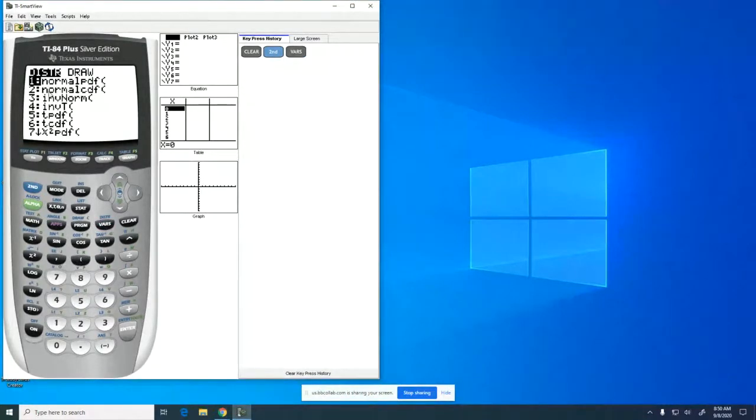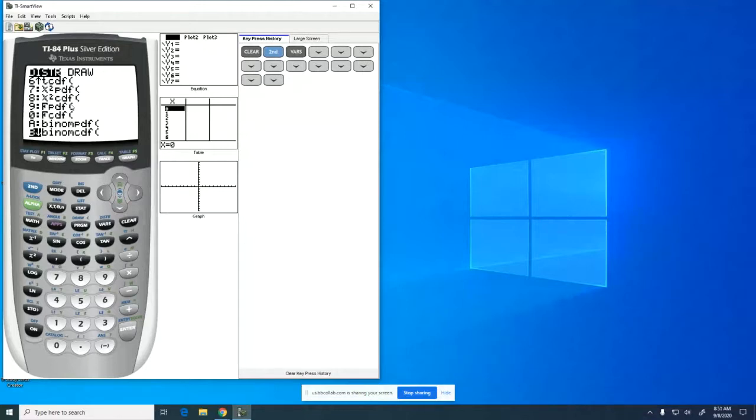There is number 1, 2, 3 for the normal distribution. Number 4 and 5 in the TI-84 is the T distribution, up to 6. And number 7 is chi-square. Please go down, go down, go down. Yes, here it is, number 9 and number 0 is F CDF.